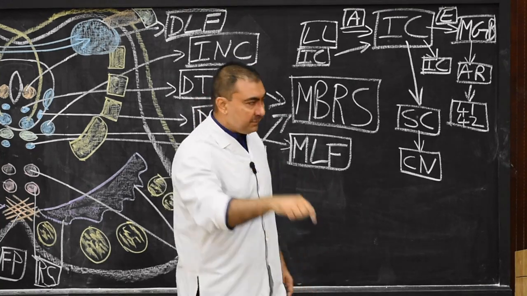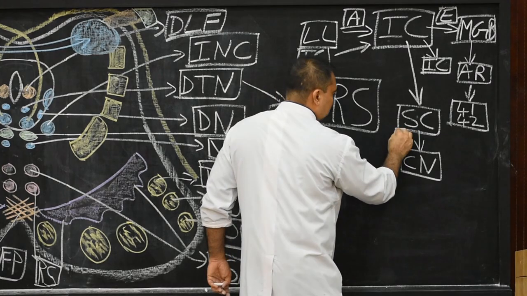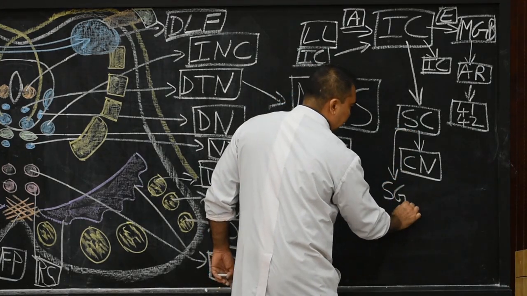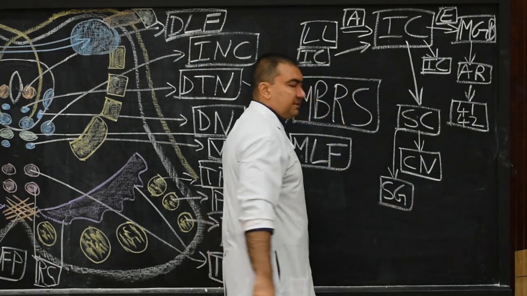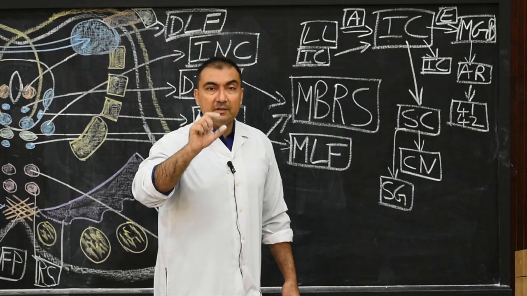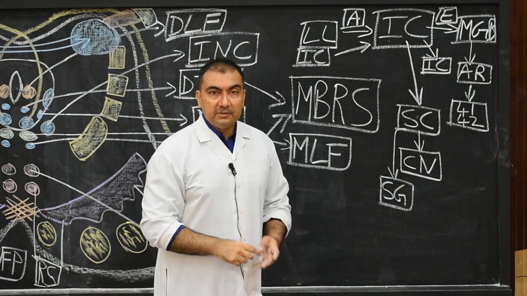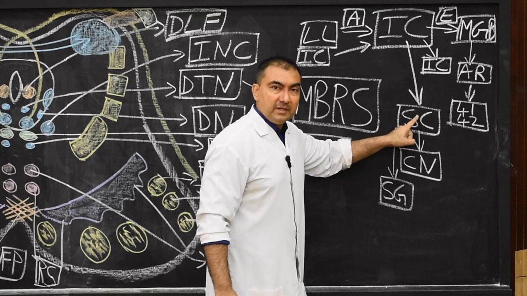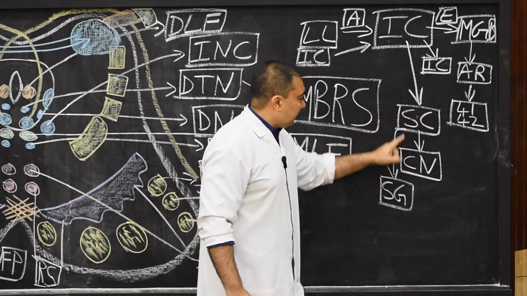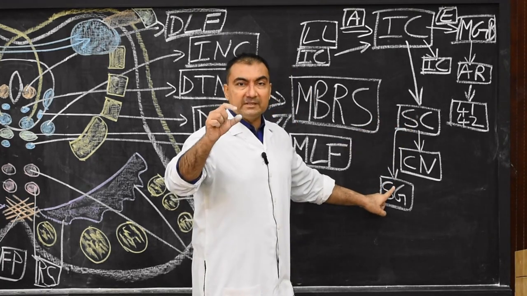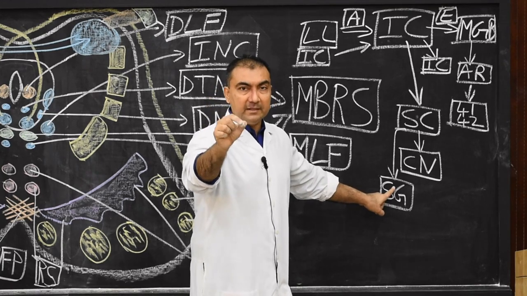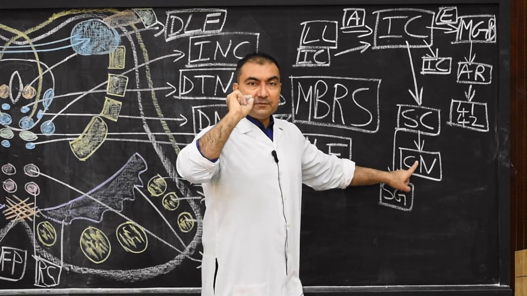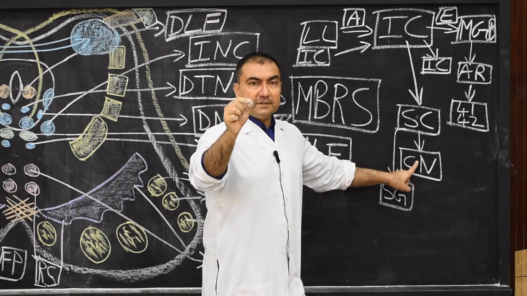And at the same time, superior colliculi will also be connected to the spinal group of nuclei of cervical spinal cord, in which it will regulate the movements of head and neck.